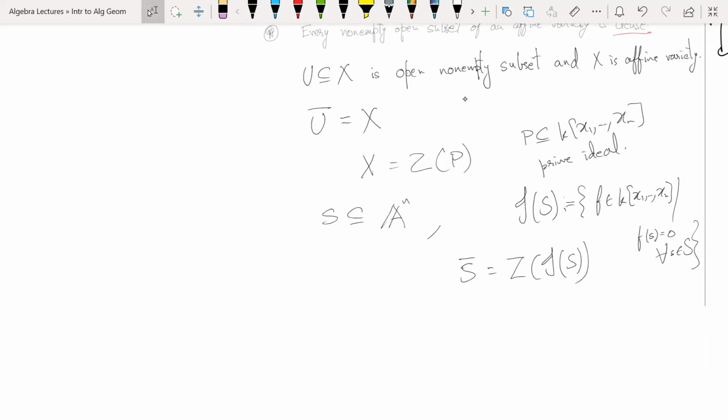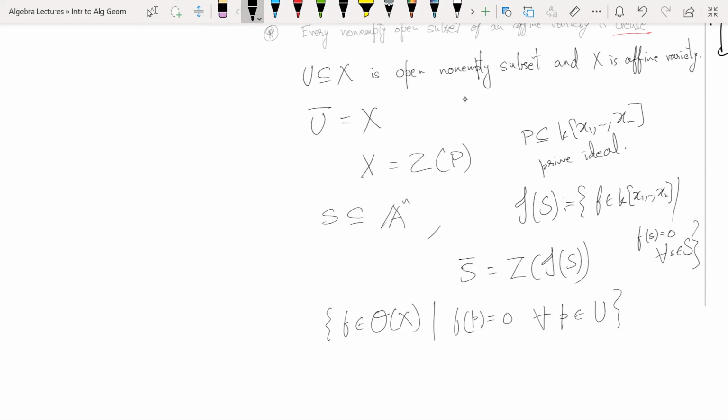Instead of looking at the coordinate ring of the affine space, you have to look at the coordinate ring of X. So you take f in O(X) such that f(p) is 0 for all p in U, where p is a point.